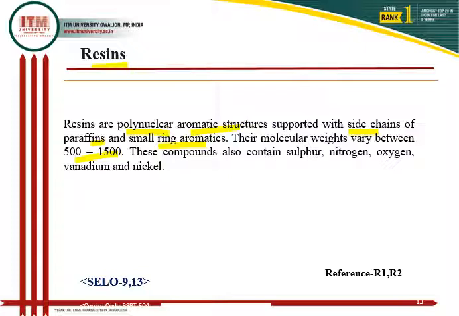They also contain various non-metals and metals like sulfur, nitrogen, oxygen, vanadium and nickel. The percentage of resin in the crude oil is undesirable for some applications, one of the important ones being coke production from coal.